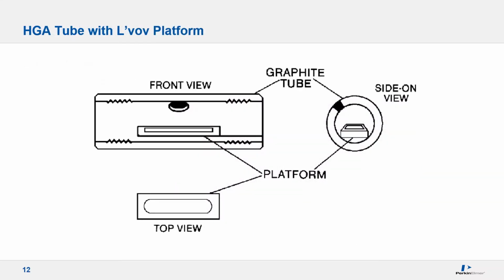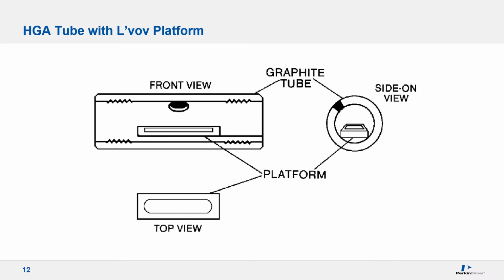When we view the development of platform technology from a historical perspective, we start with the insertable evolved platform on an HGA designed furnace. At that time, there were grooved tubes with separate platforms that were placed into the tube using an insertion device.